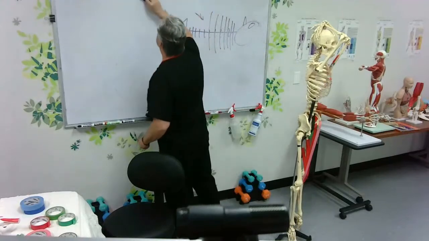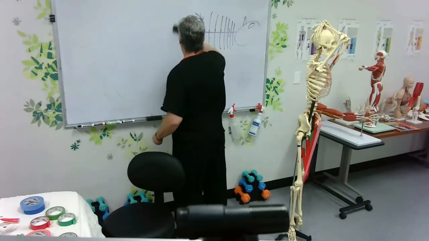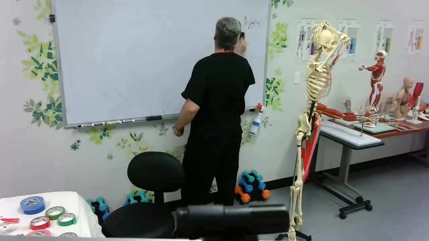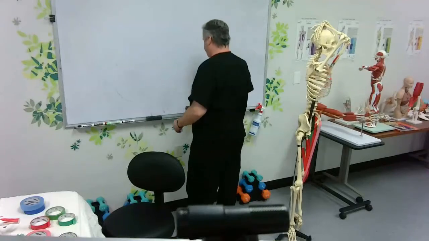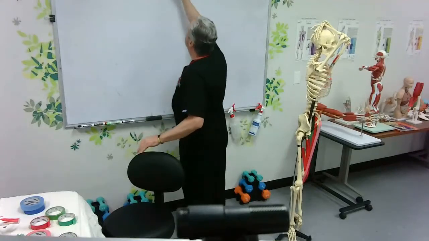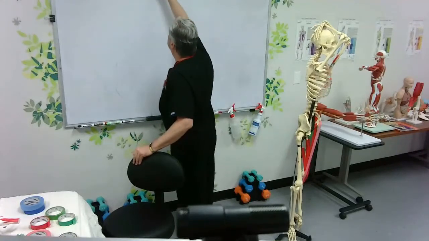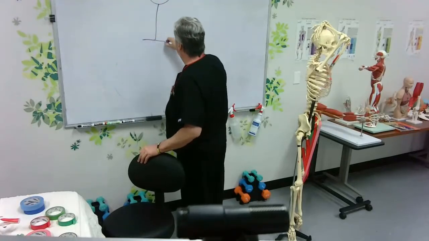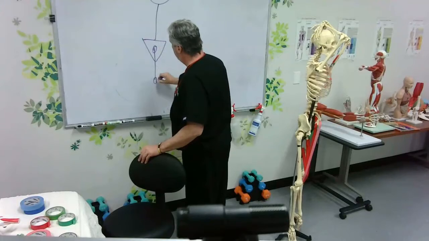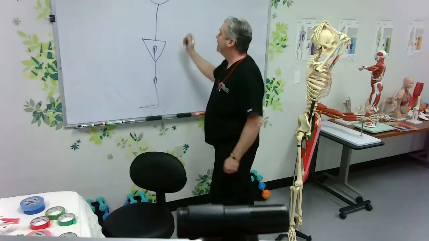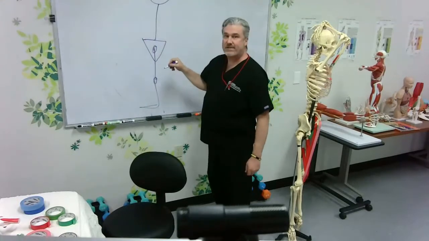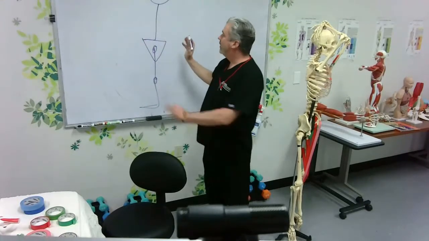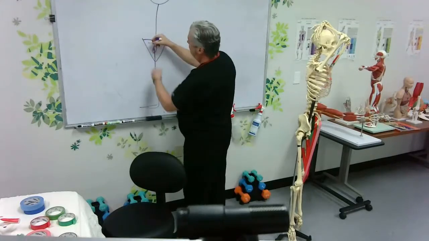This part's a little trickier, but if we have a person here, this is their hips. When they bend forward, their hips go forward.